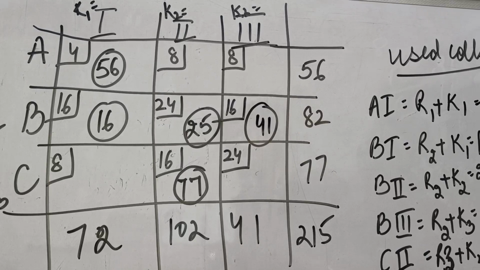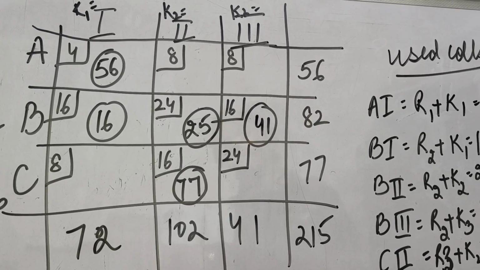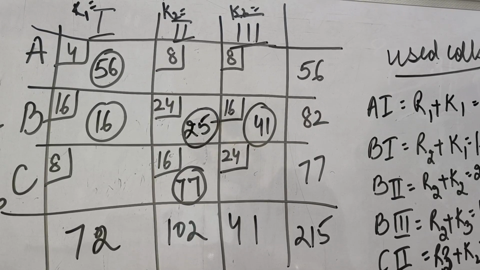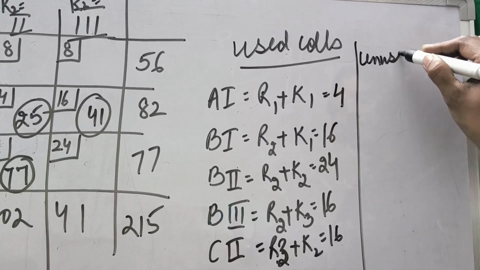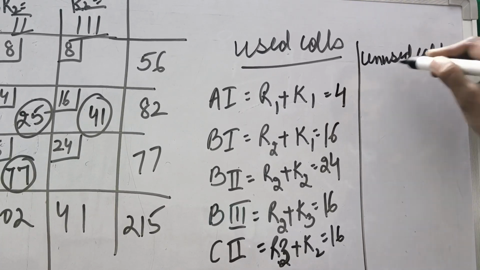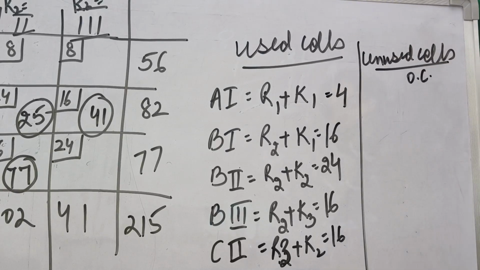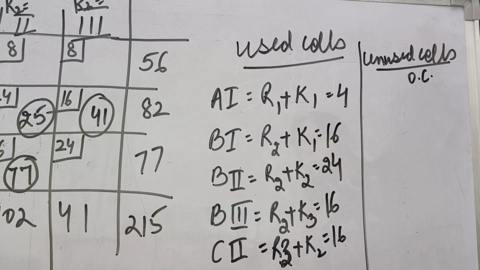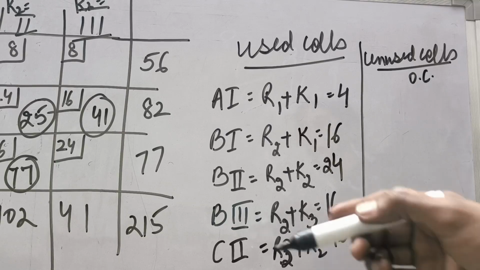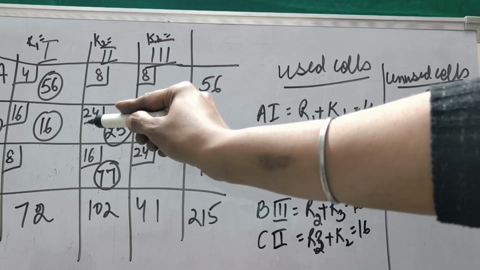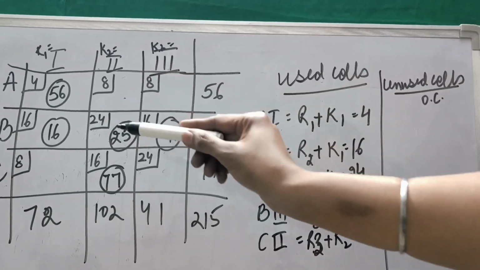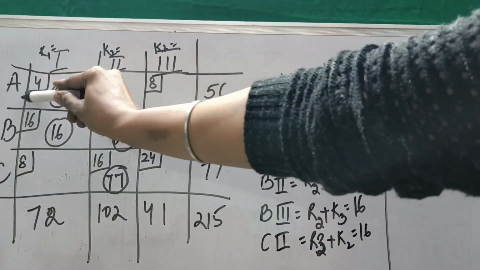Now once you put these values, what next? We will start with the unused cells. So now looking at this, the opportunity cost of the unused cells will be calculated. Now how we calculate the opportunity cost you have seen earlier. So this is my first unused cell, and the name of the cell is A2.